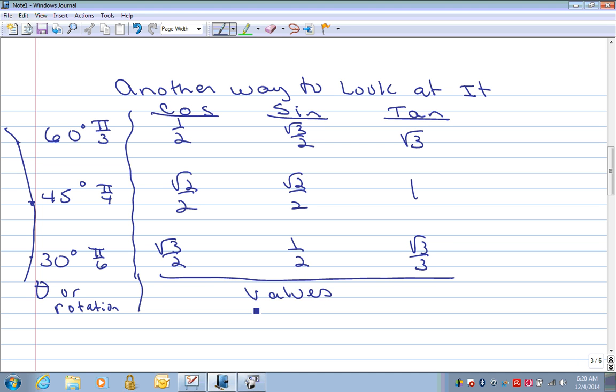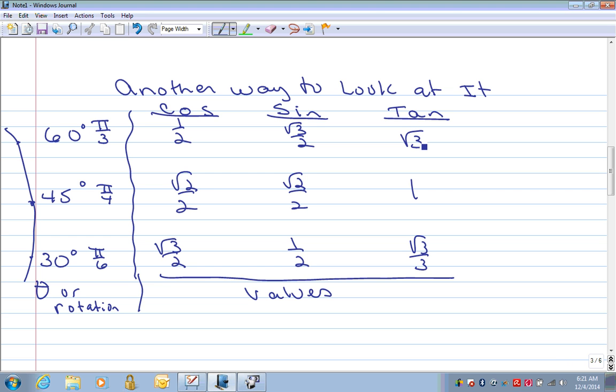So when you're asked to evaluate sine at 60 degrees, sine at 60 degrees is the square root of 3 over 2. Tan at 60 degrees is the square root of 3, and so on and so forth. I would maybe write this down somewhere and see if you like this better than maybe just looking at the circle. If not now, later on, that will probably become an important thing for you.